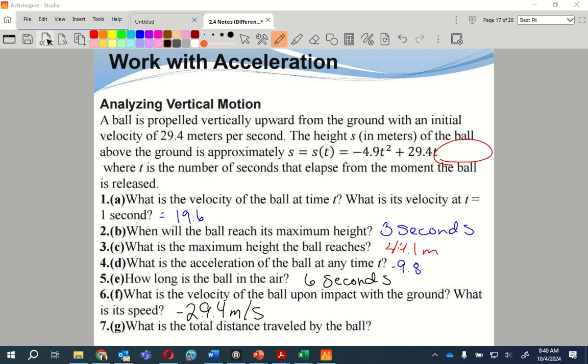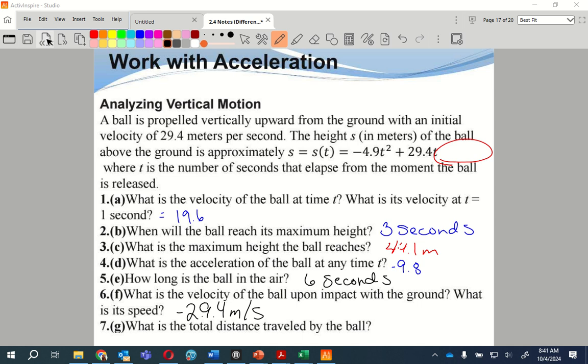The first one, my position. This one should be easy. Why is this one easy? I know that it's going to go up and come back down. So what would the position be when it's finally done? It's back at 0, isn't it?